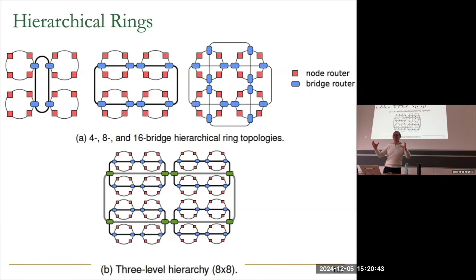Does that make sense? Now, clearly, snooping is easy on a shared medium. If you have a shared bus, you can snoop the bus and you can figure out who has the data and send invalidation automatically. You could do this on a network like this. It becomes much more complicated. You need to design a virtual snooping protocol that works on a non-shared medium. And there are papers on that.